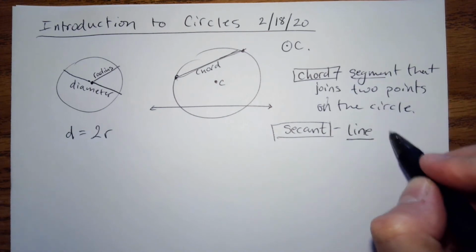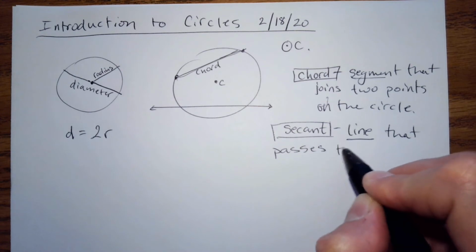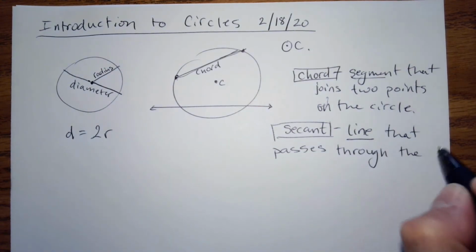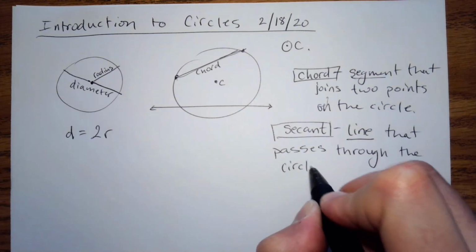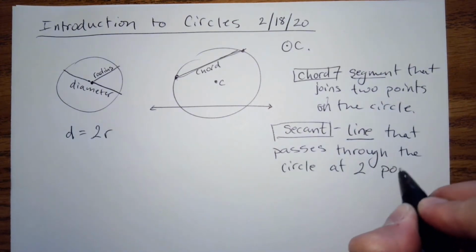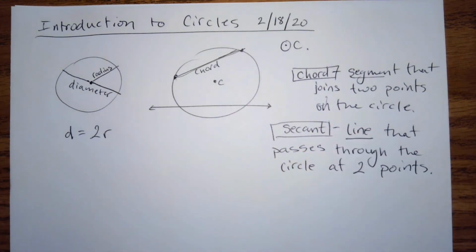A line that passes through the circle at 2 points. It's kind of like you take a chord and you just extend onwards. So a secant is a line that passes through the circle at 2 points.